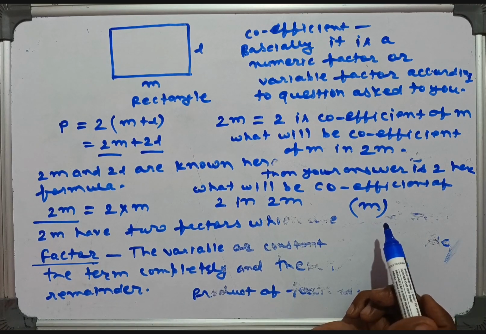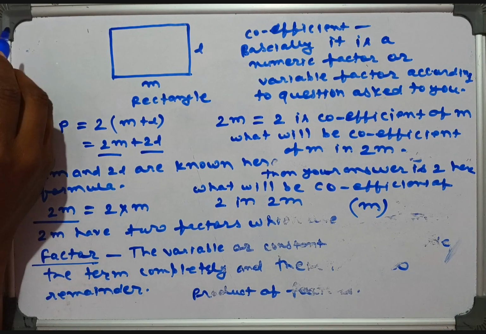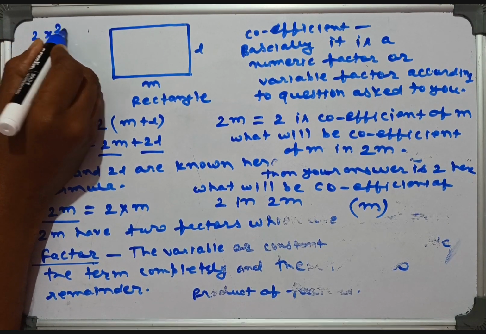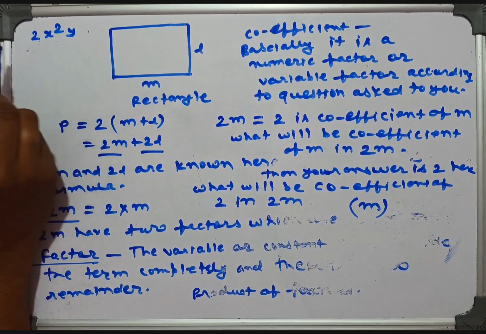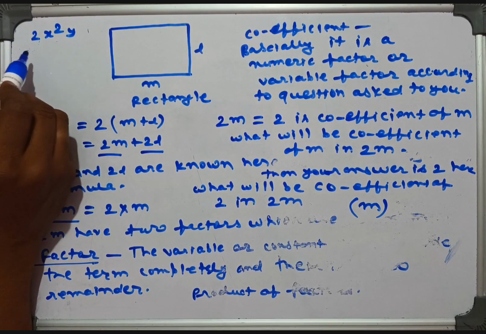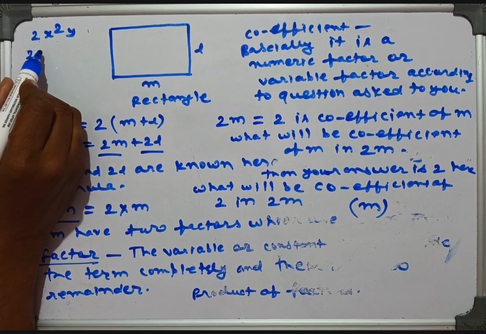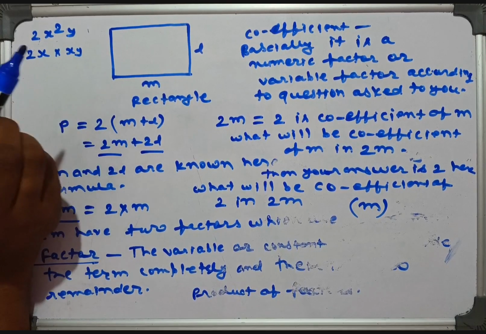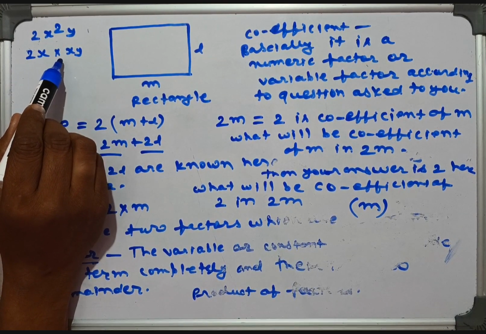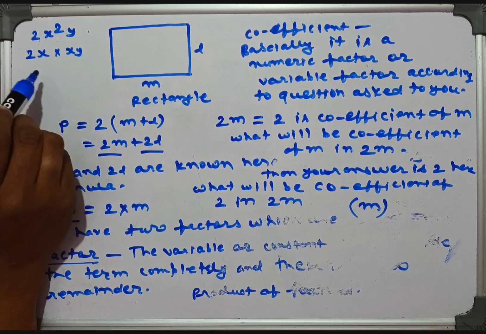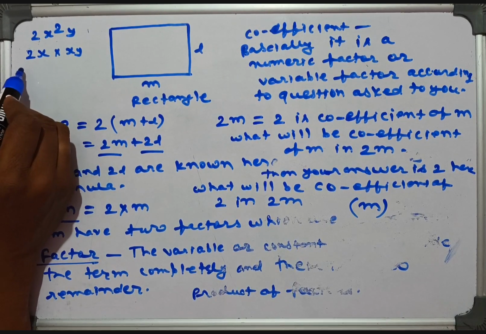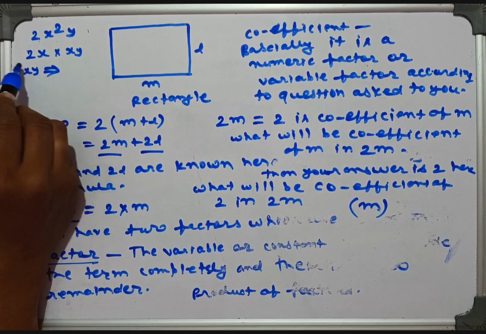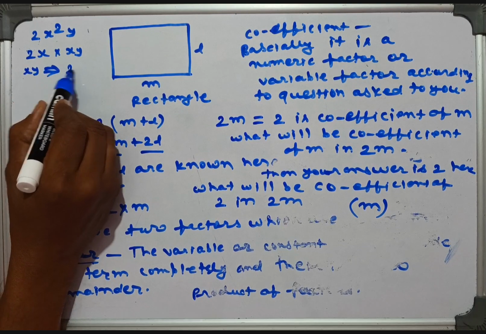Okay guys, you can see here, suppose I write here 2x square y. Okay, so if somebody asked you, tell me what is the coefficient of xy here, your answer will be 2x.